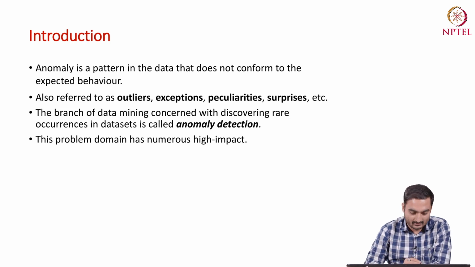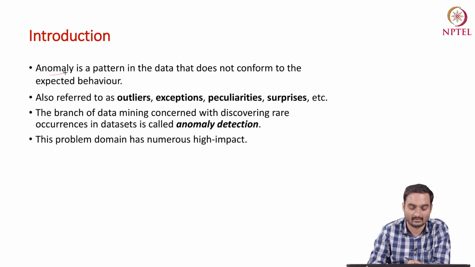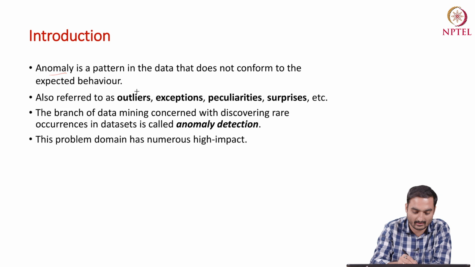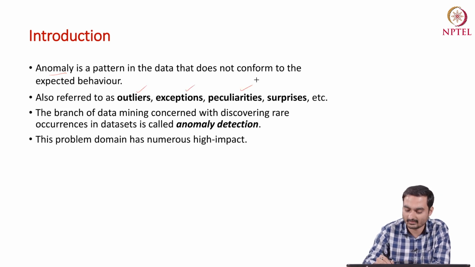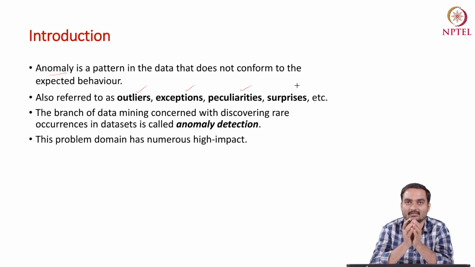Okay. The term anomaly can also be referred to as outliers, exceptions, peculiarities, surprises, etc. Remember, when we talk about anomaly detection, it does not always refer to bad activities or fraud activities or ingenuine or inorganic activities.